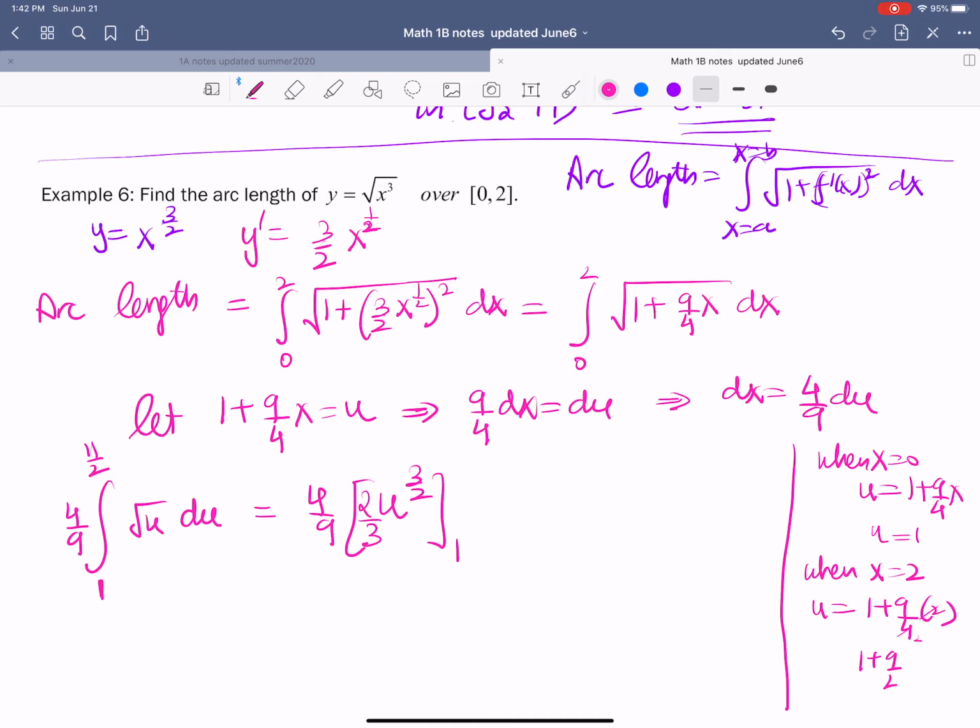And the bounds are from 1 to 11 halves. Go ahead and plug in the upper bound and the lower bound and use the calculator to evaluate. It should be approximately 3.53, my length of the curve should be approximately 3.53.